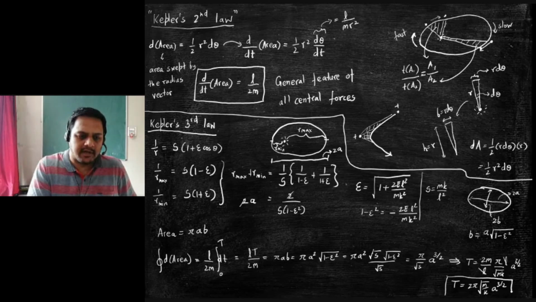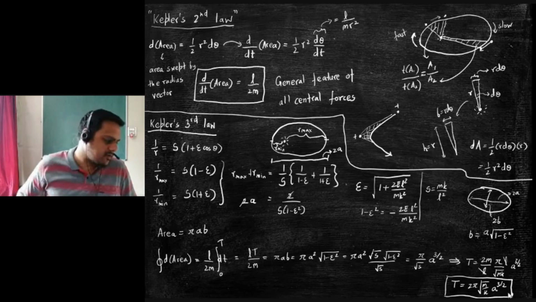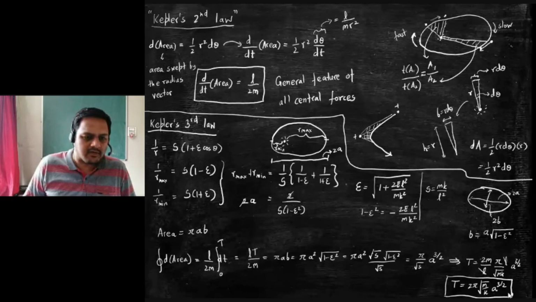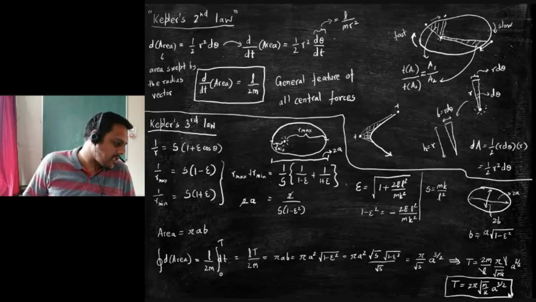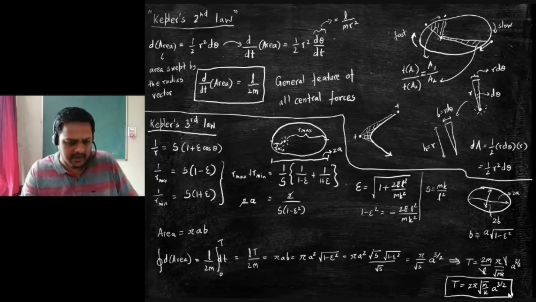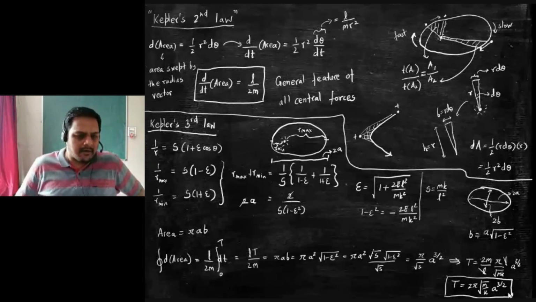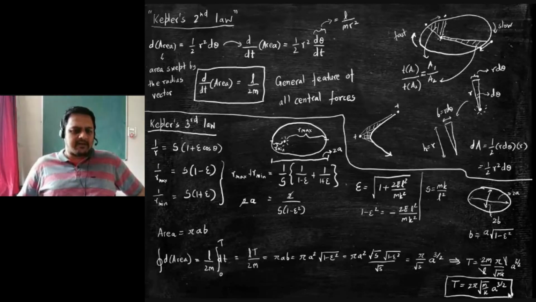Anyway, you only wanted T is proportional to a to the power 3 by 2, but you also got the proportionality constant after doing some amount of jugglery. Is there an epsilon somewhere? No, nowhere. It's fine. You can verify this. This will be your final expression for the time period in terms of the semi-major axis of the ellipse.